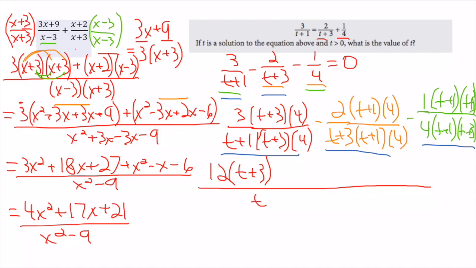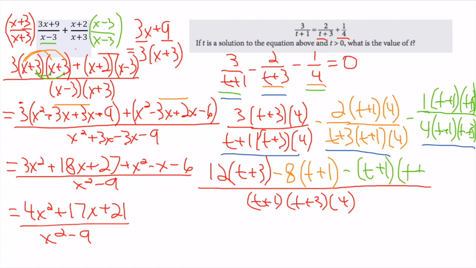And now I know that the bottoms are the same, so I can combine them all together. Times 4, minus 8 times t plus 1. And then I just have minus t plus 1 times t plus 3. And again, this all equals 0.